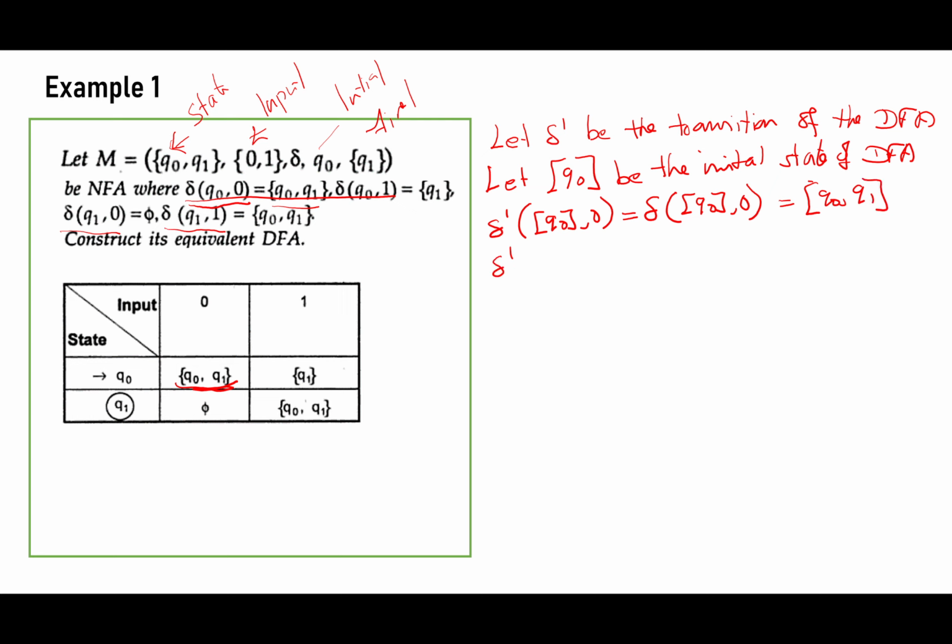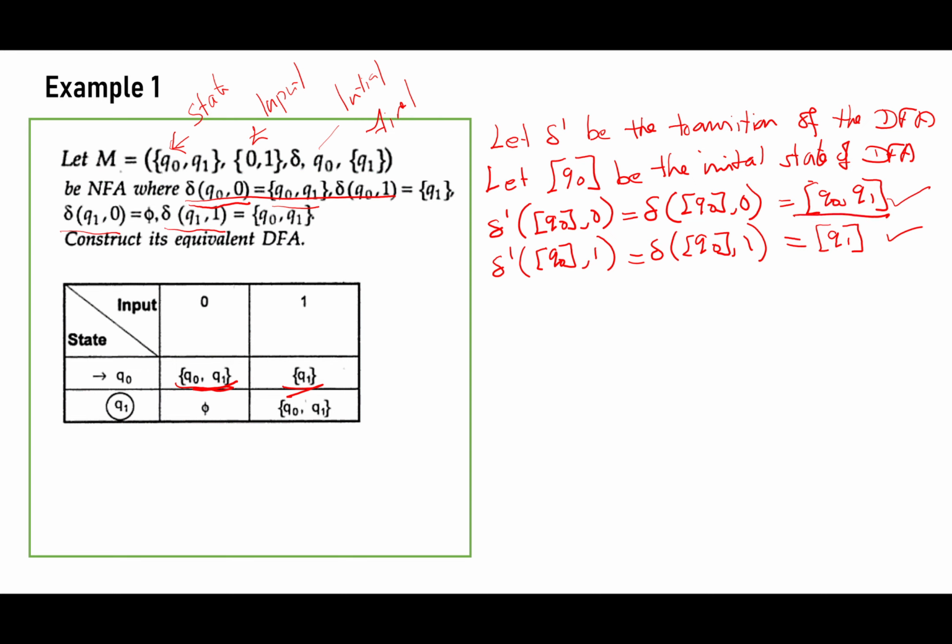Then next we have to find the transition for q0 comma 1. It can be written as delta of q0 comma 1. Check the table: q0 comma 1 is q1. So it is q1. Now you can see we got two new sets of states, so again we have to find the transition for these sets of states.